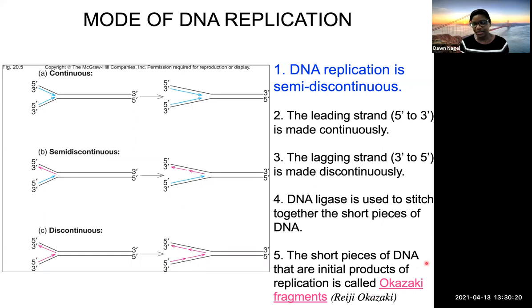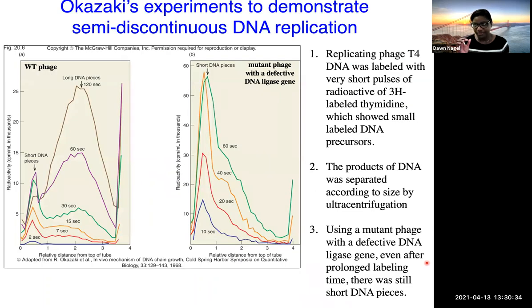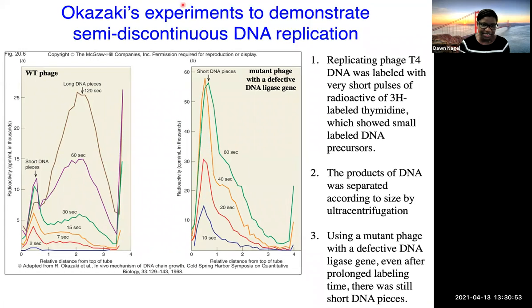And how he was able to do that was by running a series of gels and looking at the radioactivity for the different fragments of DNA when you had DNA ligase or not, okay? So I'm going to try to go through this experiment and explain it as simply as I can.